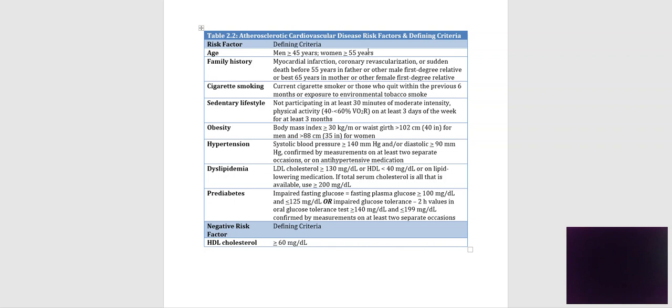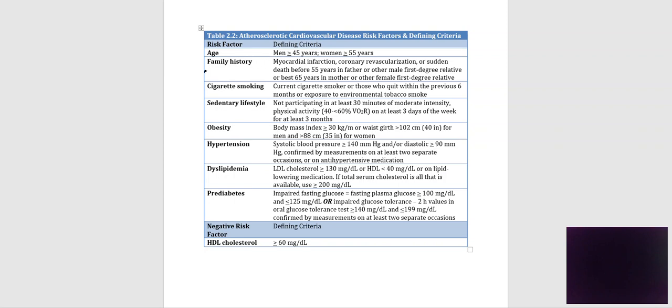Or if they are a woman and they are greater than or equal to 55 years old, then that's considered an atherosclerotic risk factor, meaning that they are at greater risk when exercising. So if you have a male who is 50 years old, that's one risk factor. Or if they're a woman and they're 60 years old, then that's one risk factor for them. So that's the first defining criteria.